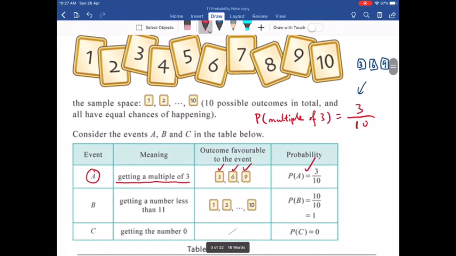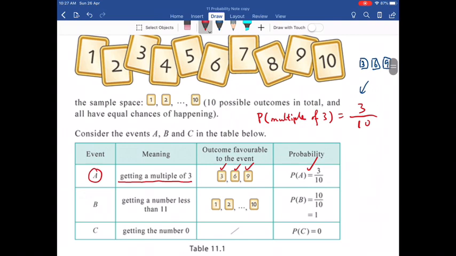Let's see another example. B is the probability of getting a number less than 11. You know that all the numbers are less than 11, so there are altogether 10 cases favorable to event B. And the total number of possible outcomes is 10.